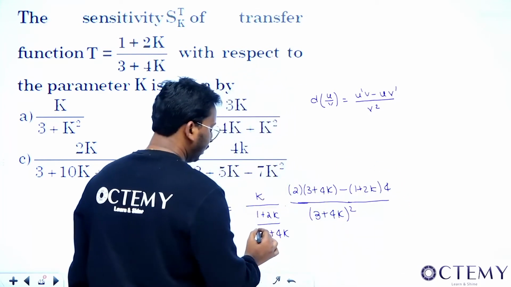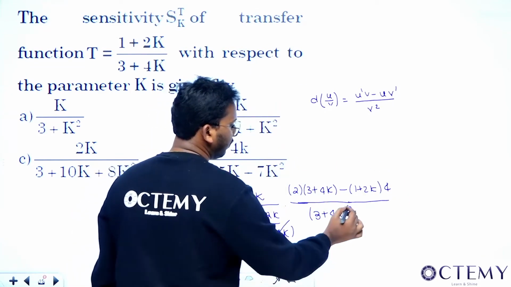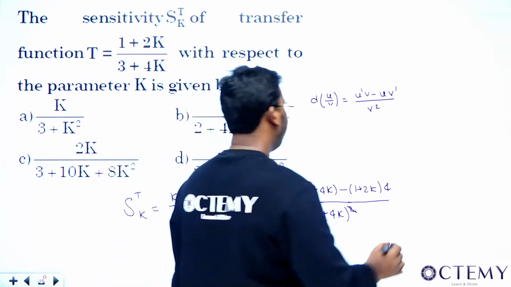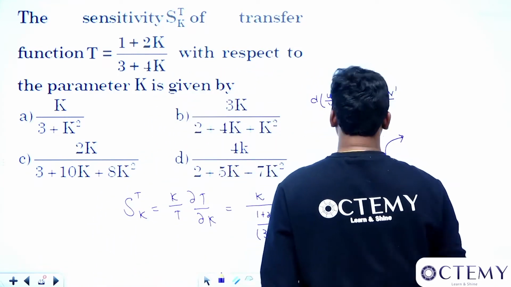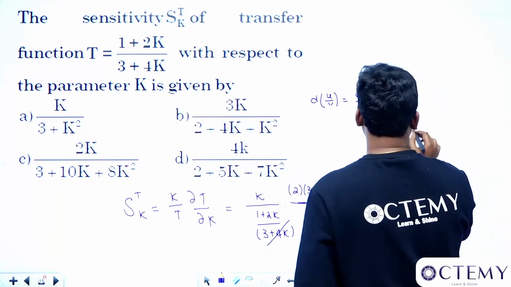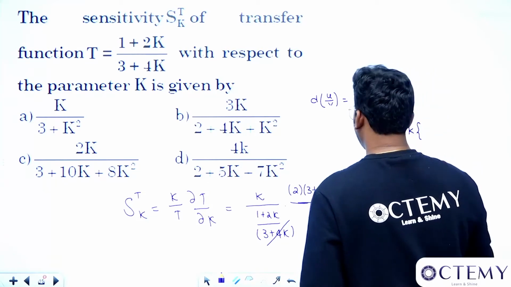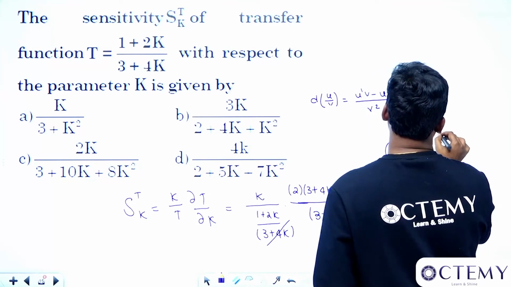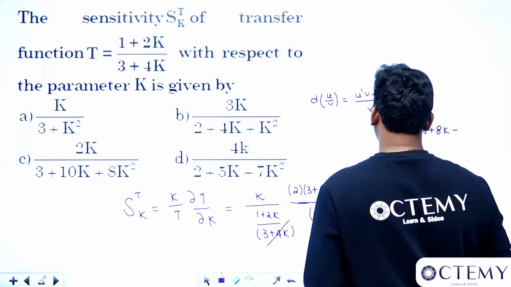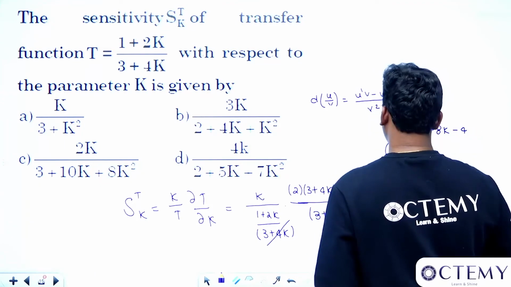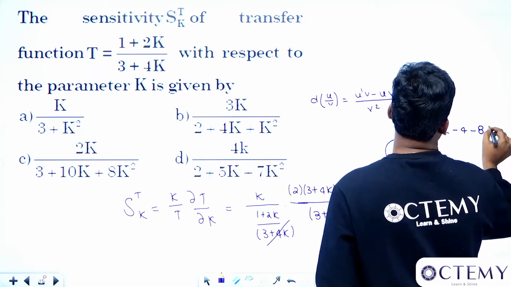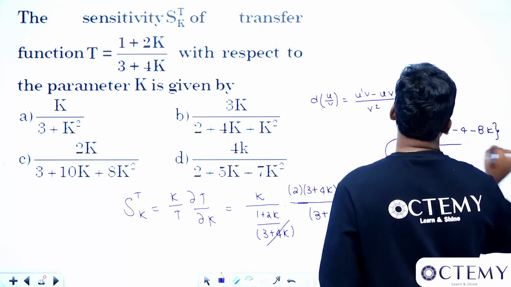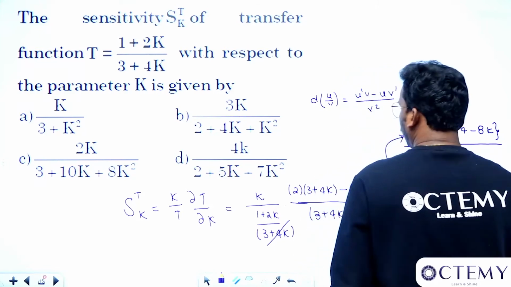So see sir, this term will get cancelled with this, and if we solve this particular equation, it will become basically K times 6 plus 8K minus 4 minus 8K divided by, this should be equal to 1 plus 2K.